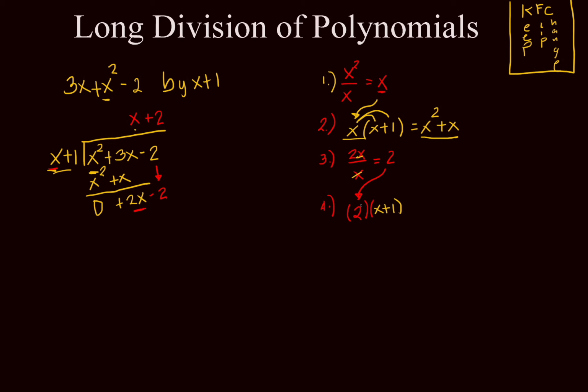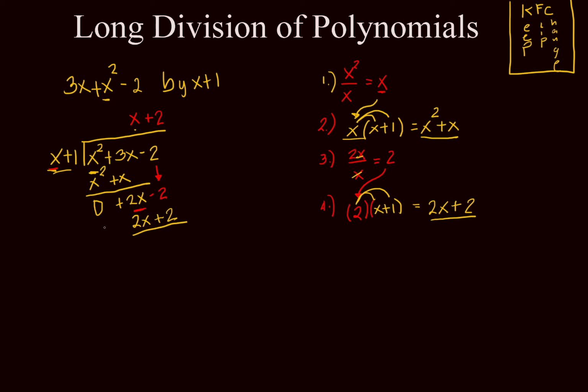So again, let's distribute your 2 to our x plus 1. You'll have 2 times x, which will just give us 2x. 2 times 1 will just give us a positive 2. And we're going to place this product below our 2x minus 2. So you will now have 2x plus 2.